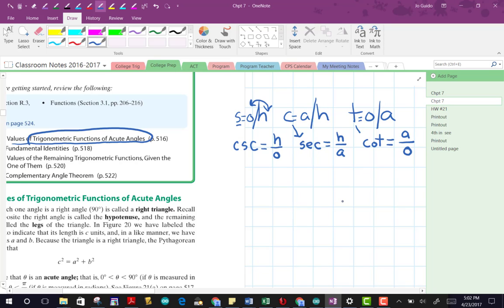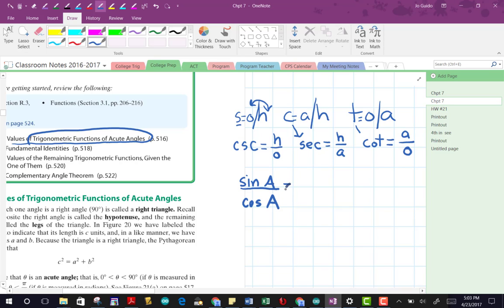Because these are so simple, because we're only dealing with three sides of a triangle, there are lots of relationships between these different trigonometric functions. So, for example, I could take the sine of an angle A, and I could divide it by the cosine of that same angle.